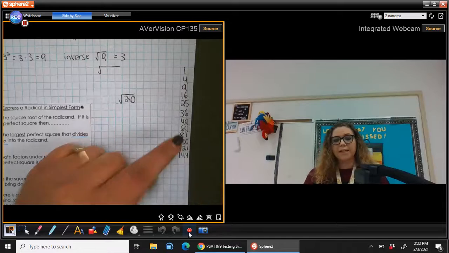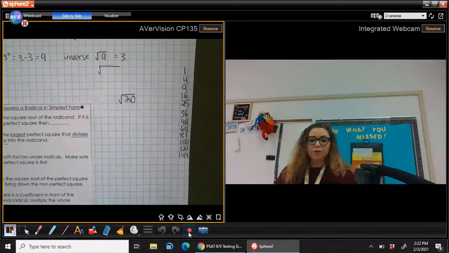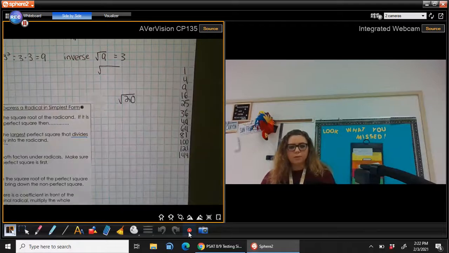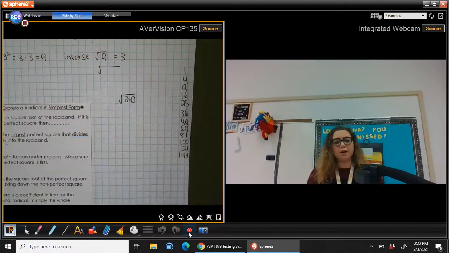These are basic multiplication facts, so you really don't have to memorize them because you should already know them. And when I simplify radicals, I like to go ahead and put down my list.